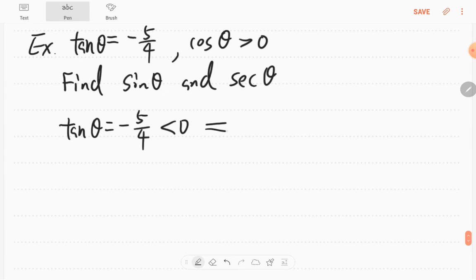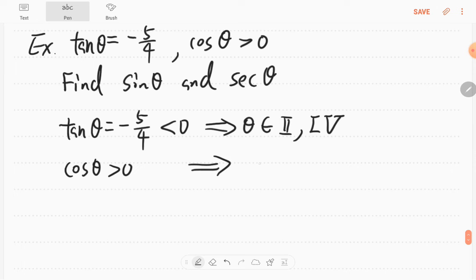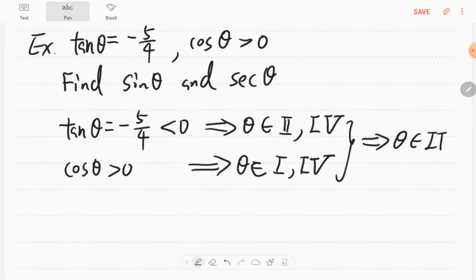So that means theta is in which quadrant? In the second or the fourth quadrant, right? And cosine theta is positive, so that means theta should be in the first or the fourth quadrant. So in other words, theta is in the fourth quadrant, right?